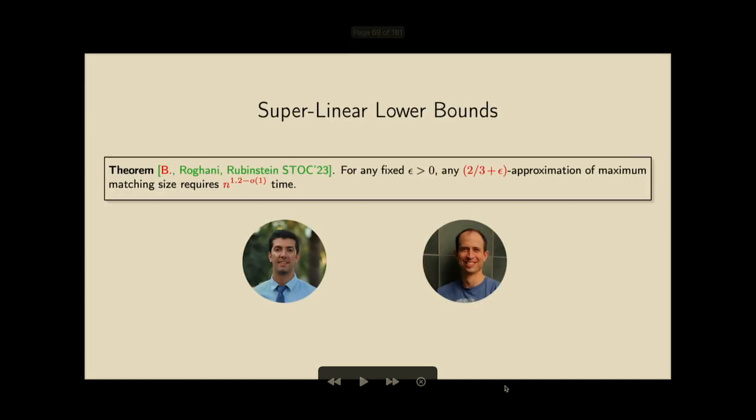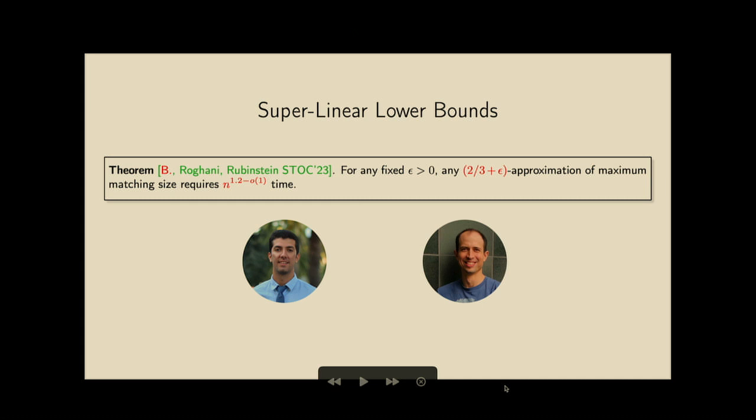Unfortunately, we showed that this is not possible. With Mohammad Roghani and Aviad Rubinstein, in this paper, we showed that for any fixed positive epsilon, if we want a better than 2/3 plus epsilon approximation, then the algorithm has to spend at least n^1.2 time. So this is the first super linear in n lower bound, breaking the Parnas-Ron lower bound.